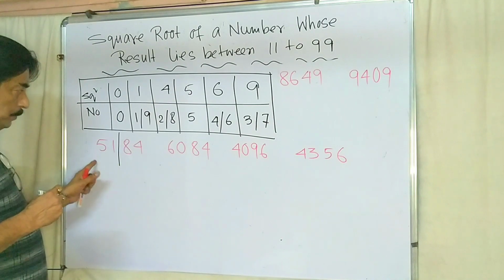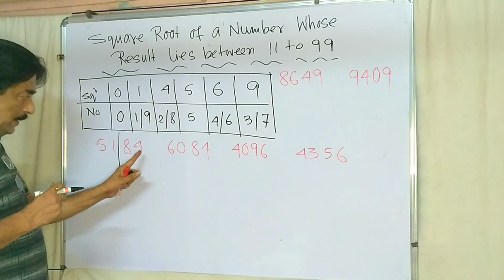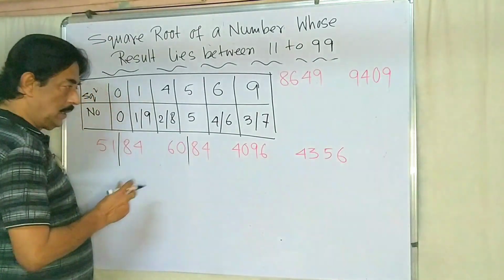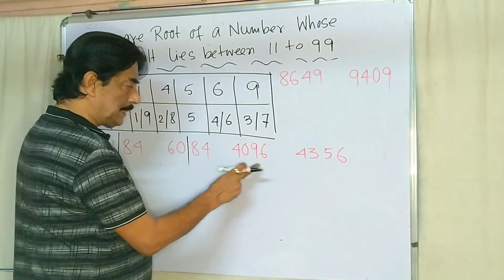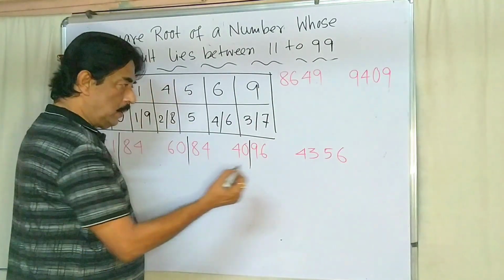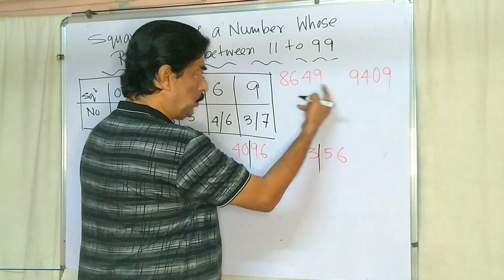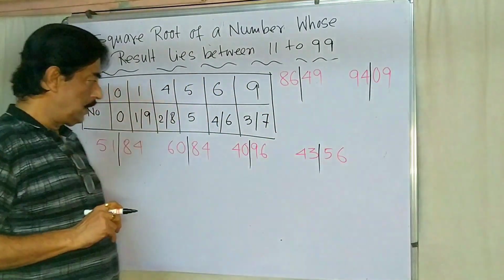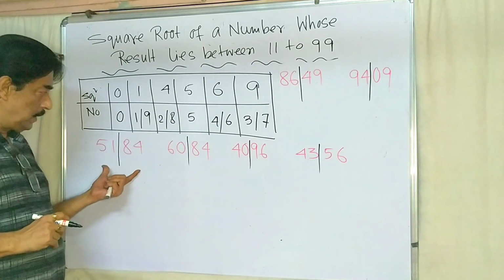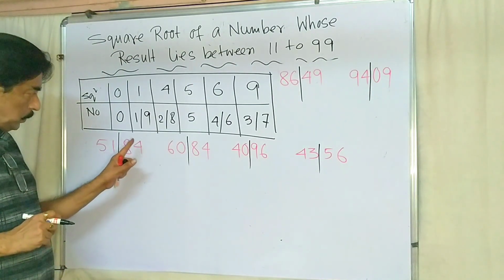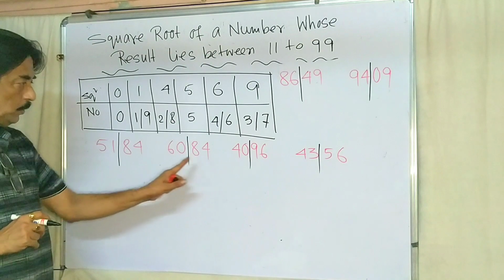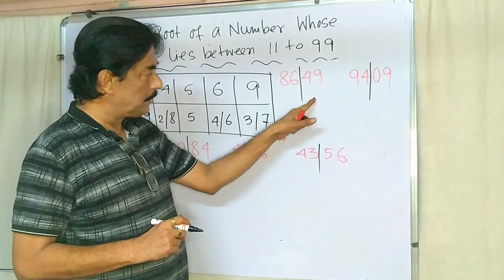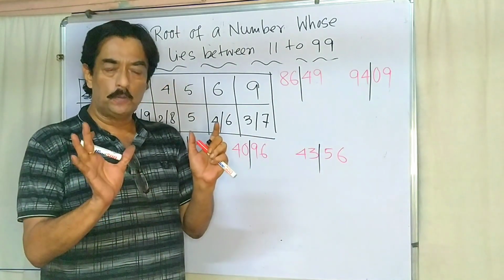Two places from the right side means this. These are your first step.